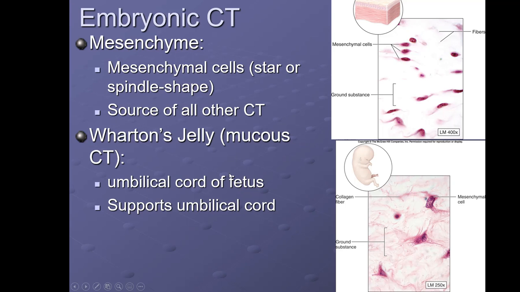The other embryonic connective tissue is called Wharton's jelly, which is found in the umbilical cord of the fetus, and it basically supports the developing fetus and supports the umbilical cord. So as far as identification goes, we won't necessarily look at Wharton's jelly, but we will see mesenchymal tissue, and what we're looking for is spindle-shaped cells like this.